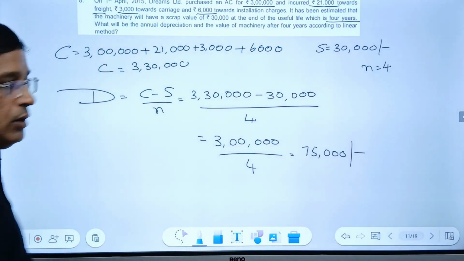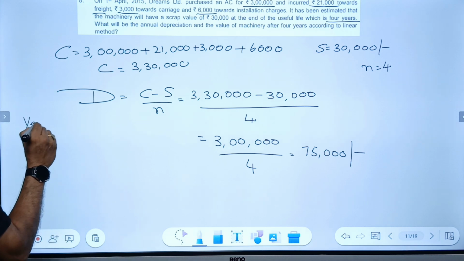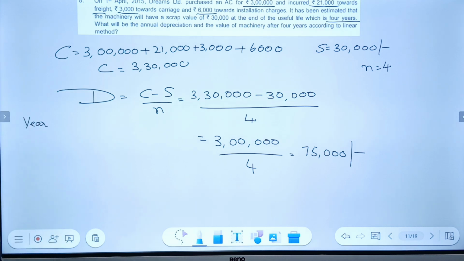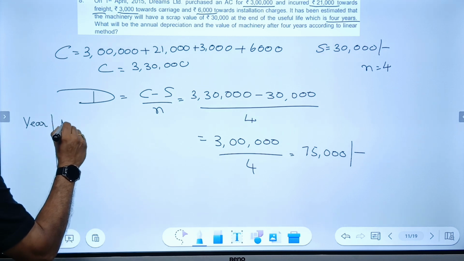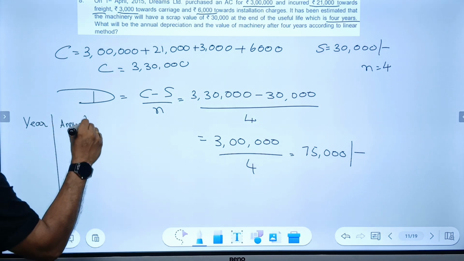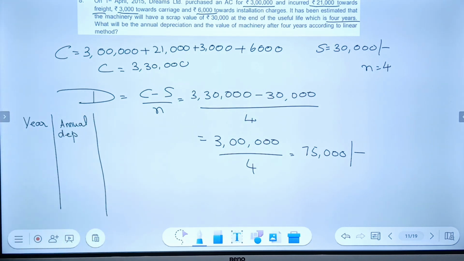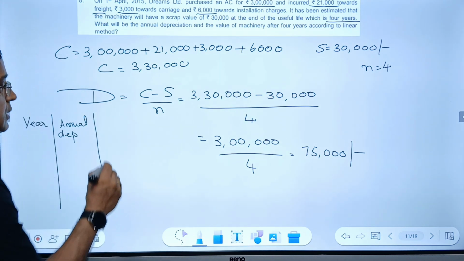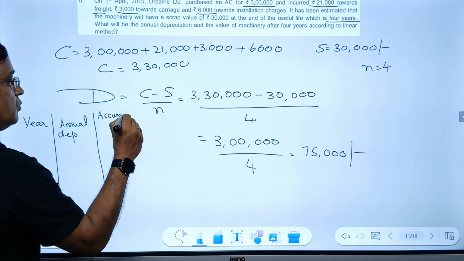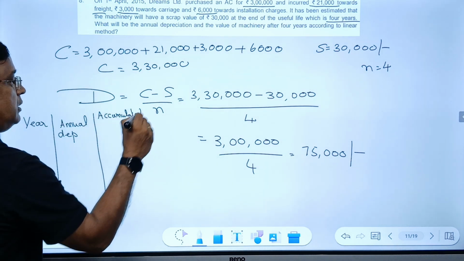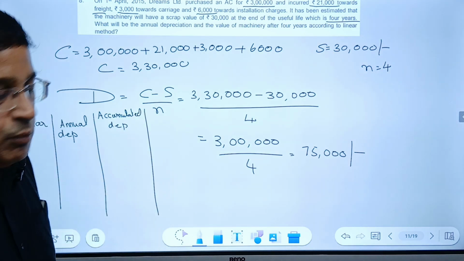What you do is first you write the steps: first column, then annual depreciation, followed by accumulated depreciation, and finally the book value.